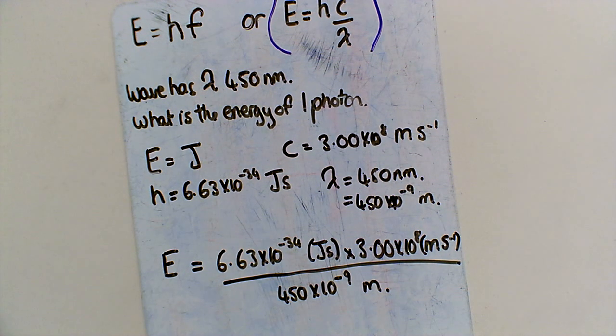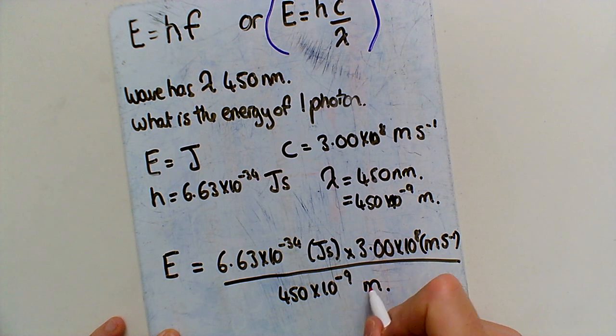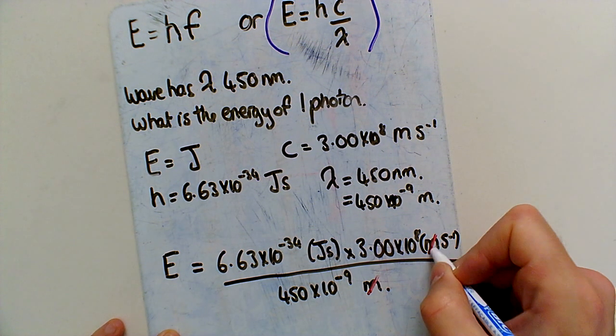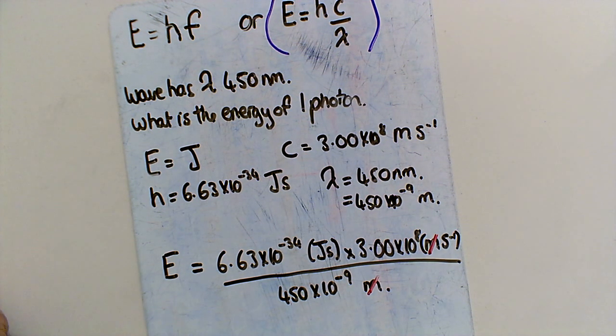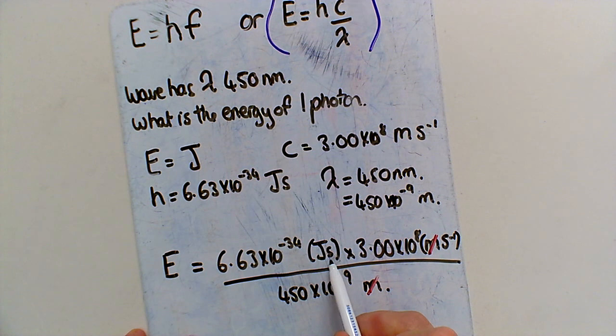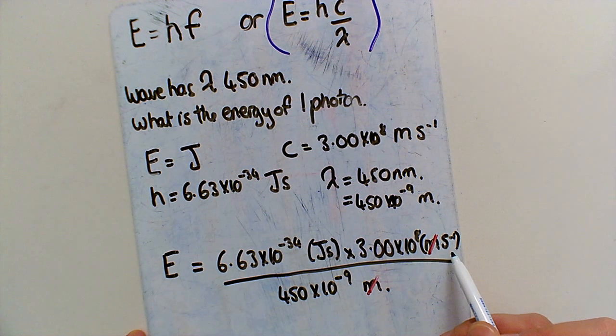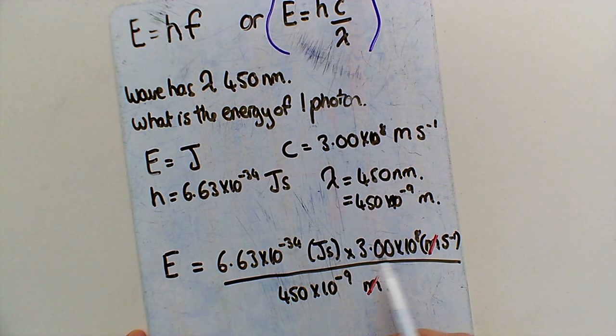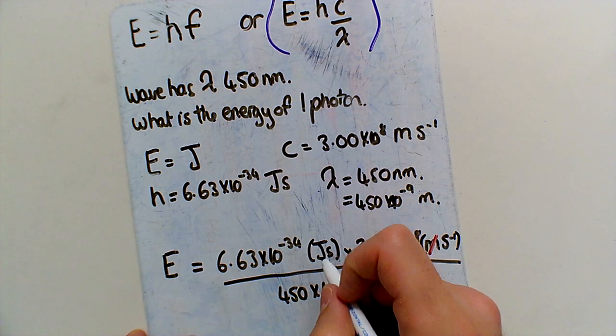So I'm going to cancel out any units. So I've got meters and I've got meters. So they cancel out. I've got seconds, but on the same line I've got per second. So if they're on the same line, one's a minus, one's not a minus, they're going to cancel out.